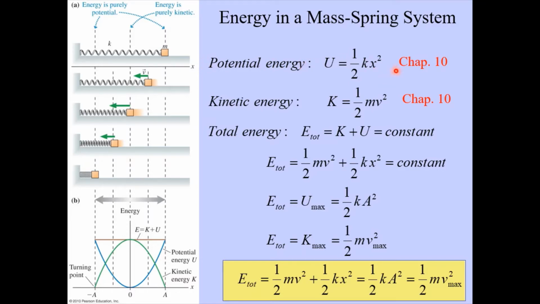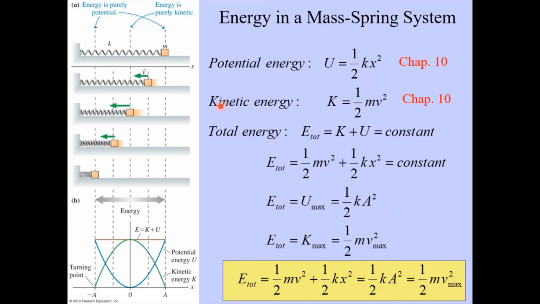And remember in chapter 10, we learned that elastic potential energy, U, is equal to 1/2 kx squared, where k is the spring constant. That is a measure of how stiff the spring is. And x here is the displacement of the spring, meaning how far is the spring either compressed or stretched.